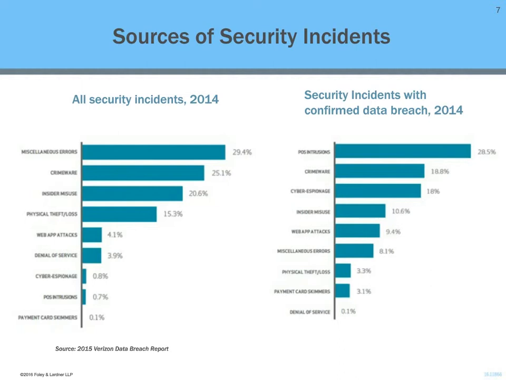And then if you look at the second most prevalent on both charts, crimeware, that's the area we're talking about with the ransomware and similar malware. So it is the second most common incident, and the second most common incident when there has been a confirmed breach, is crimeware.